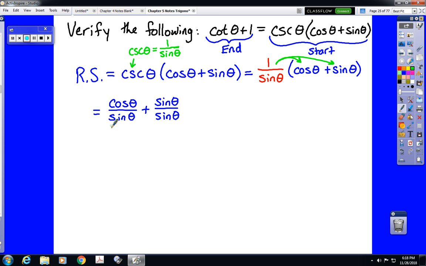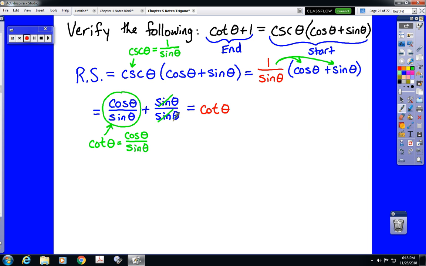See, we have an expression right here, cosine over sine. Well, that is cotangent theta. So we are going to substitute cotangent theta for that first term. So cotangent theta. And the second term, sine over sine, well, those cancel.